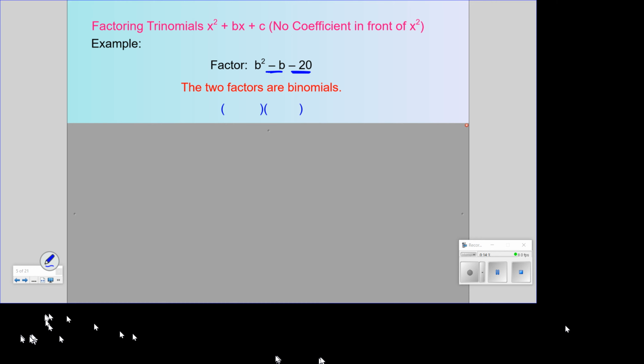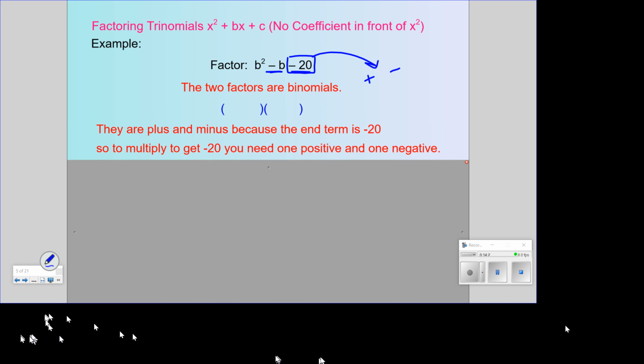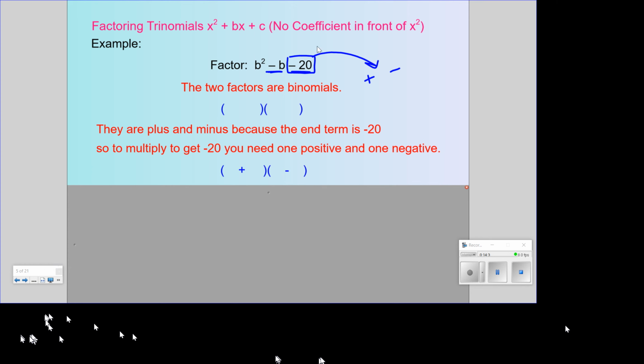Well, if you think about factors multiplying to give a negative, it has to be one positive and one negative. There's no other way for us to multiply two numbers and it being negative unless one's positive and one's negative. So right there, you can fill in your signs as 1 plus and 1 minus.